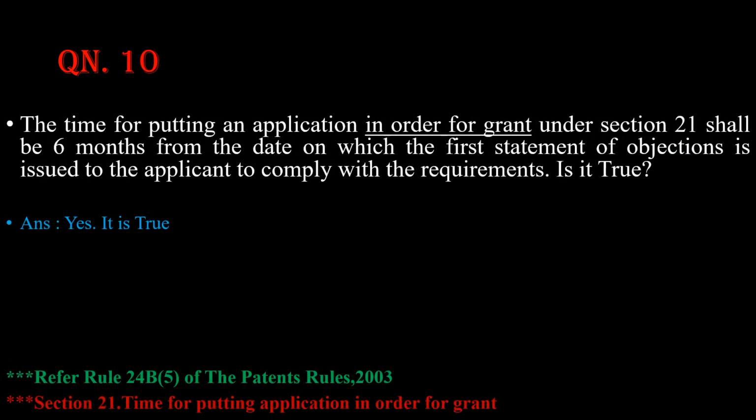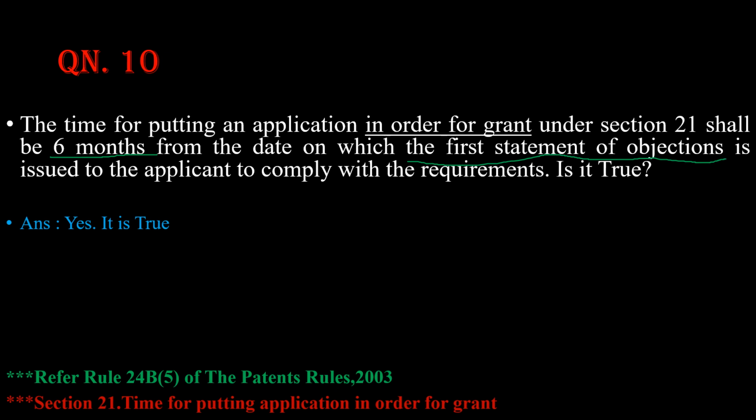Next, question number 10. The time for putting an application in order for grant under section 21 shall be 6 months from the date on which the first statement of objections is issued to the applicant to comply with the requirements. Is it true? Here we find the key points: 6 months, and the first statement of objections.